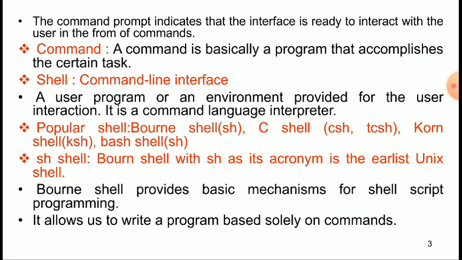Some popular shells are the Bourne shell, that means SH, the C shell, that means CSH and TCSH, the Korn shell, that means KSH, and the Bash shell, that means BASH. So those are some popular shells. SH shell means the Bourne shell, with SH as its acronym, is the earliest Unix shell. Bourne shell provides a basic mechanism for shell script programming.